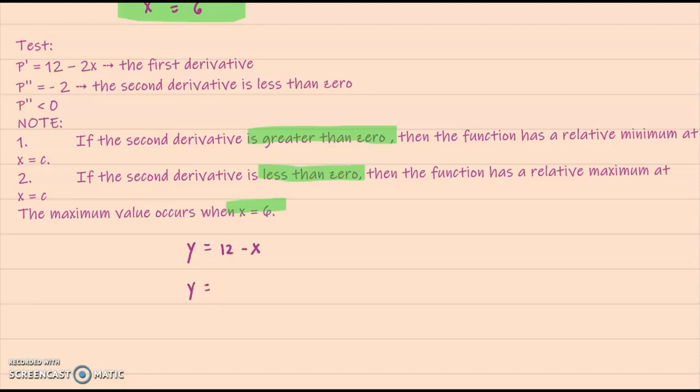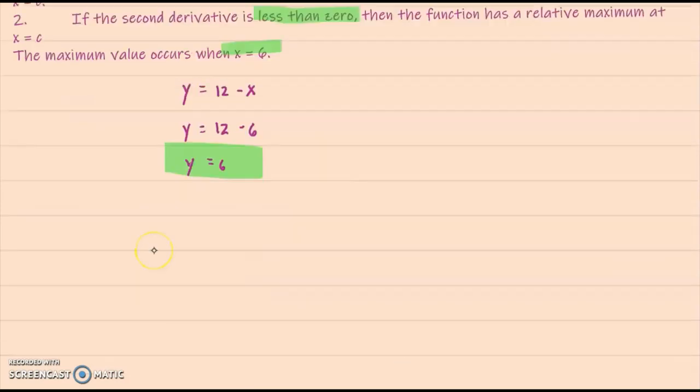So y is equal to 12 minus the value of x, which is 6. So you have y is equal to 6. Okay, so let's highlight that also. So meaning to say, the two positive numbers are 6 and 6. That's it.